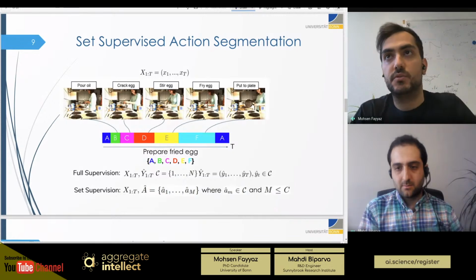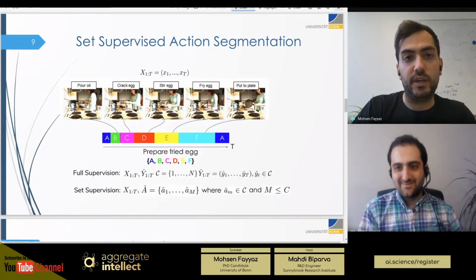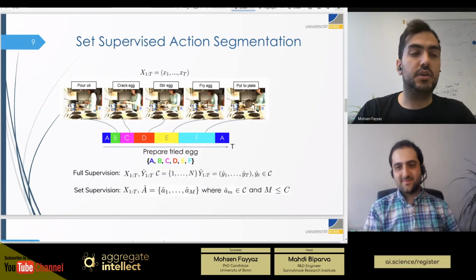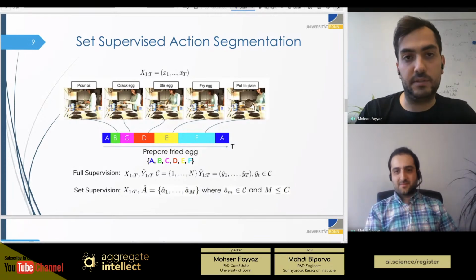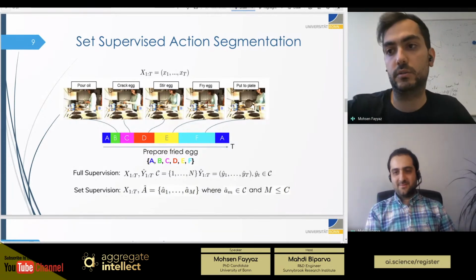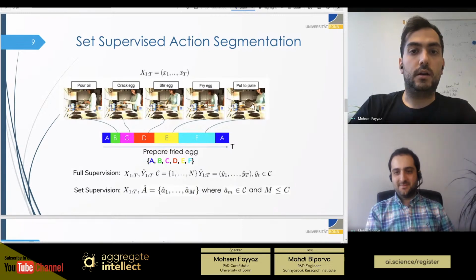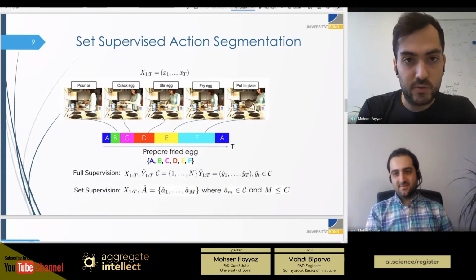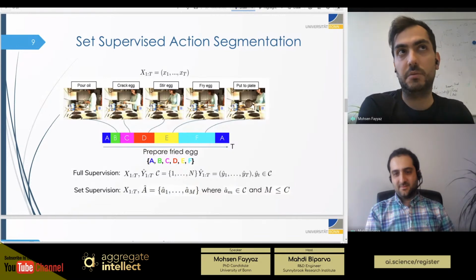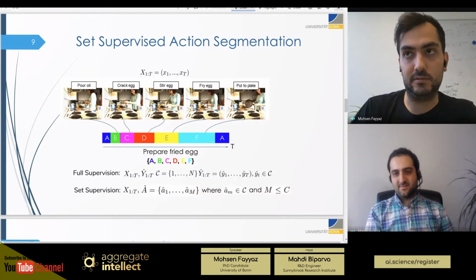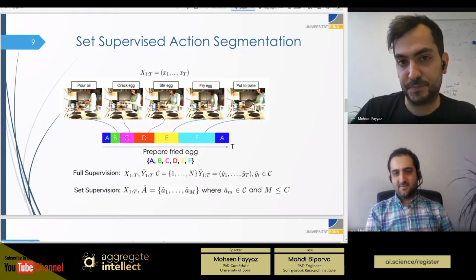Some may say yes, you can use the transcript of the movies and extract some keywords from it using some NLP techniques, and then you will have these ordered sequences. However, one easier weak supervision, which is really freely available over the web, is just a set of actions.